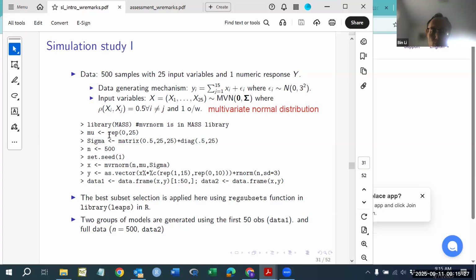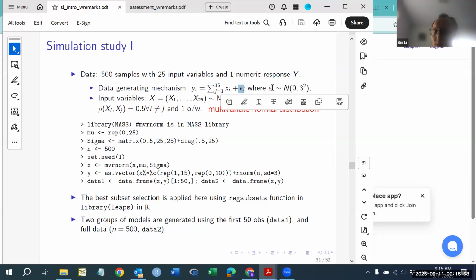For example, in this study, we have 500 samples with 25 x variables and one response y. The data generating mechanism we designed is y_i equals the summation of the first 15 x variables plus some additive noise.